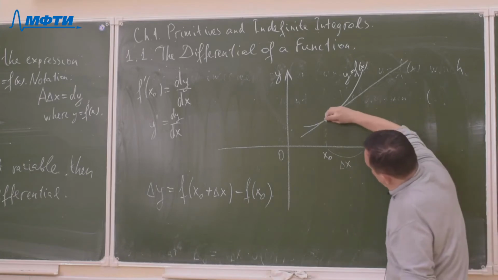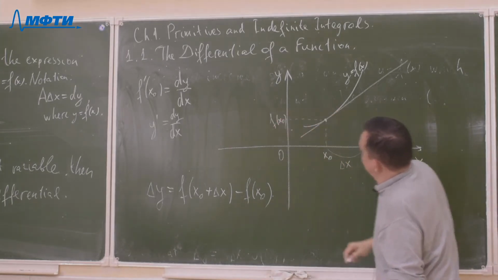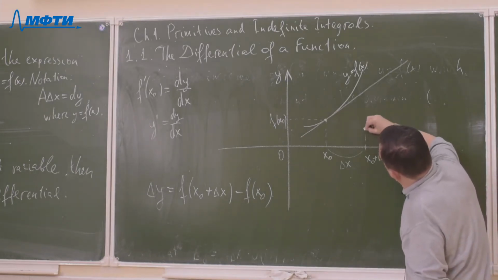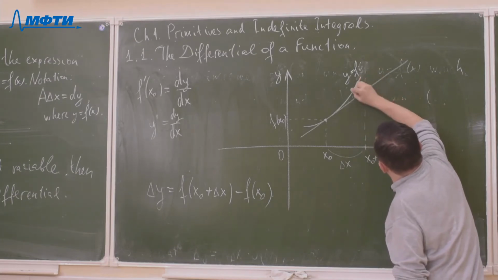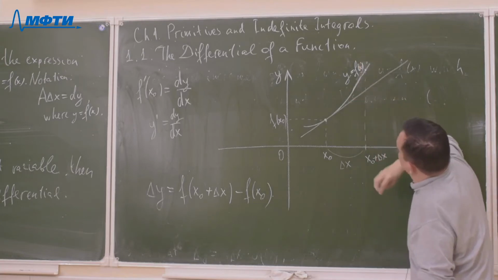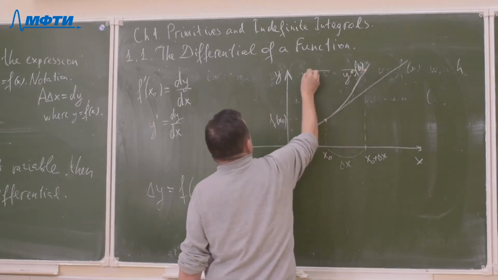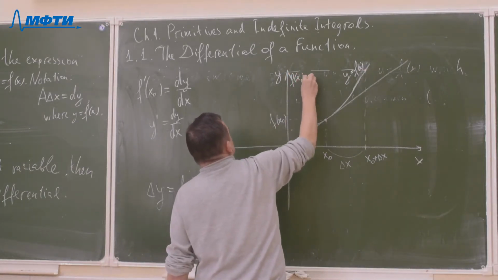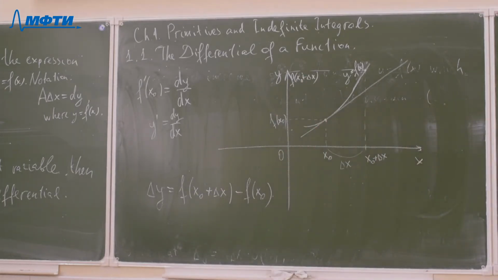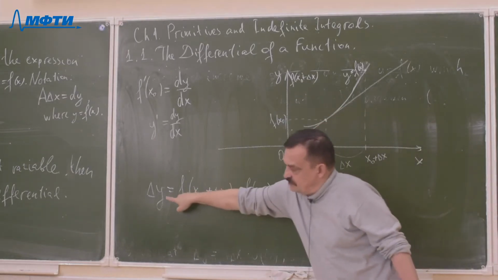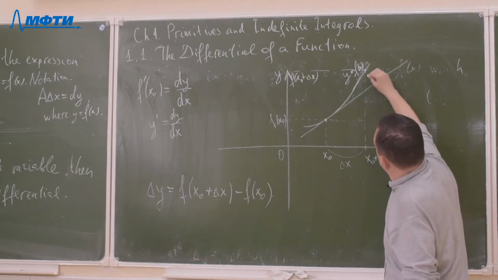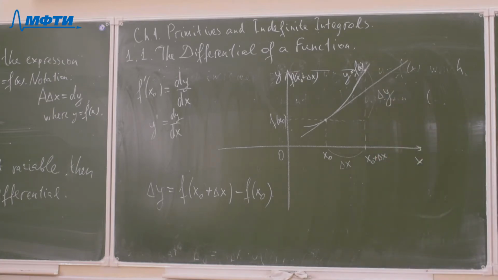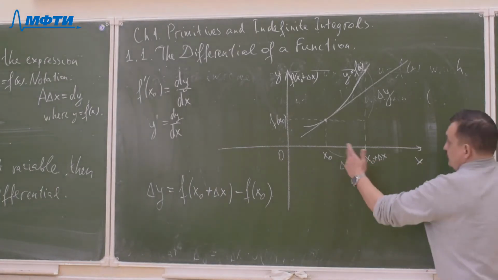So f at x naught is here, and f of x naught plus delta x is somewhere here. The difference between those values is delta y, the increment of the function, which corresponds to the increment delta x of the argument.